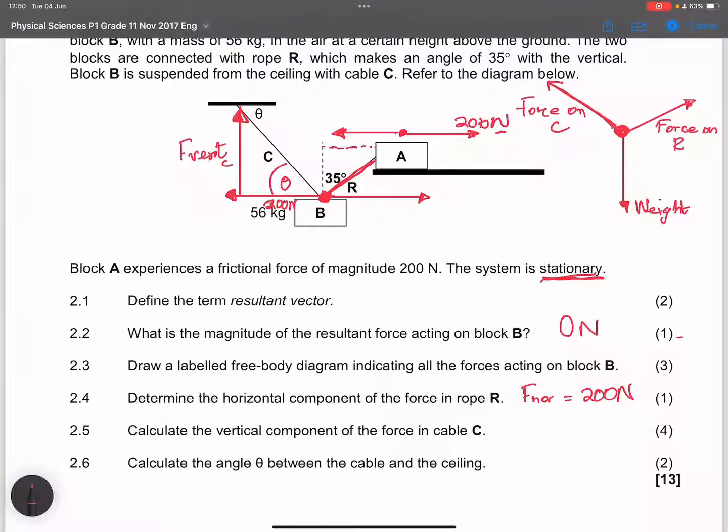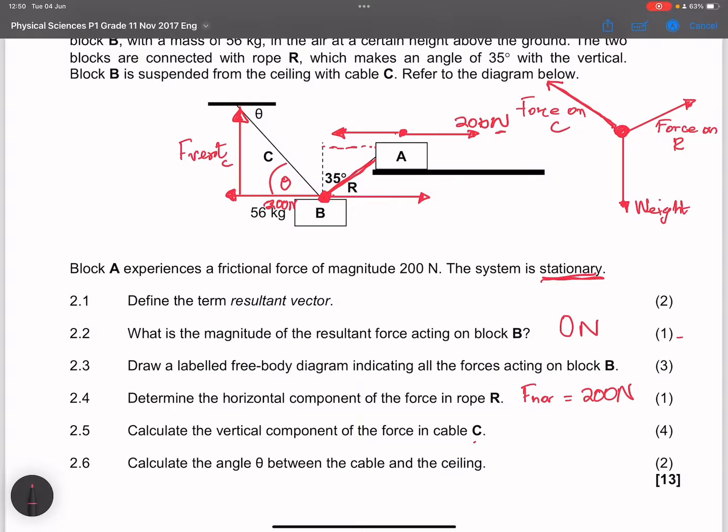In that case, we can actually find out what the vertical component should be. Please note, ladies and gents, we do not have the angle theta. We're not given that angle. Now let's start. We're looking for the vertical component.